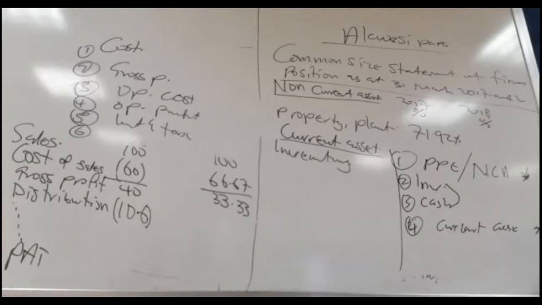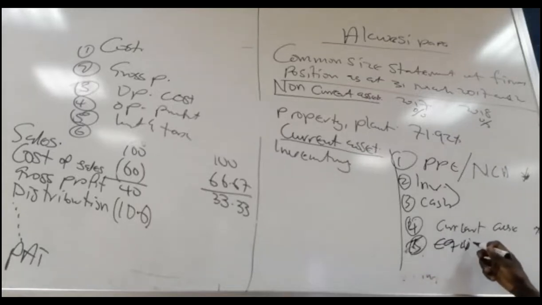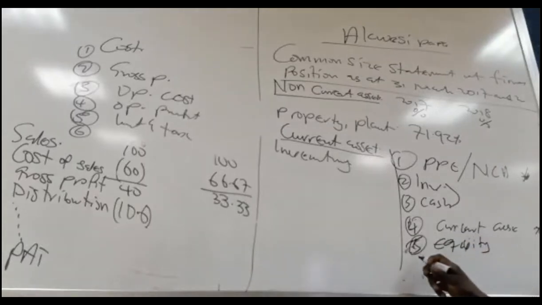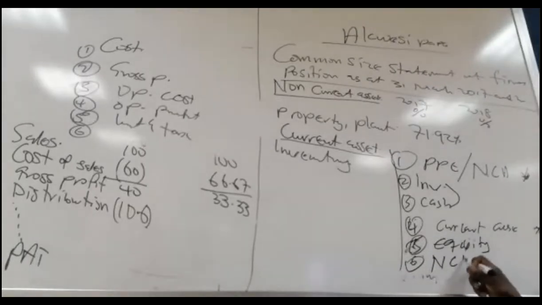From current asset, they move straight to equity. That's number five. Then number six, go to non-current liability.